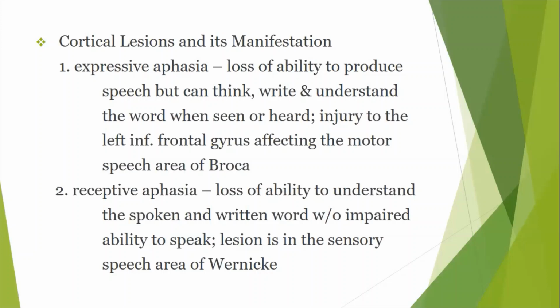You just give a pen and paper to the patient, ask the question, and tell the patient to write the answer. That is for expressive aphasia, and it is an injury to the left inferior frontal gyrus affecting the motor speech area of Broca. So that's why the patient cannot speak.